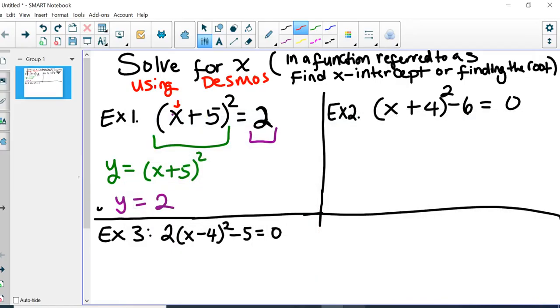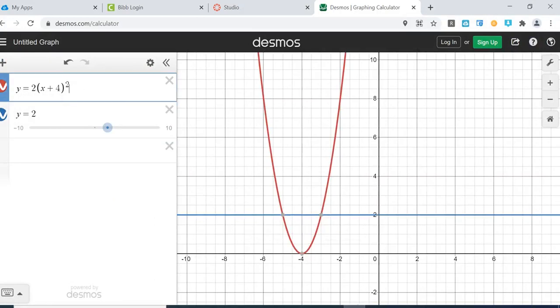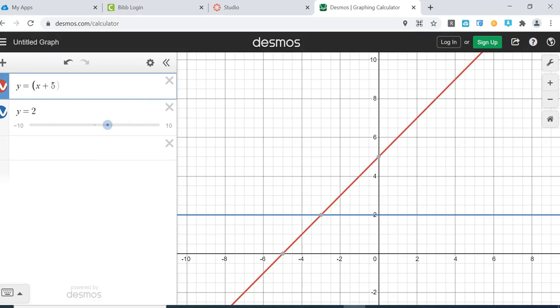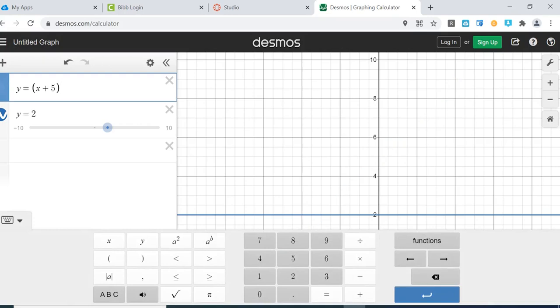So let's go ahead and solve for it. We'll type in the first one, y = (x + 5)². You want to type in y equals, do parentheses, x + 5, then click on this keyboard right here and click on a to the b to make it have an exponent.